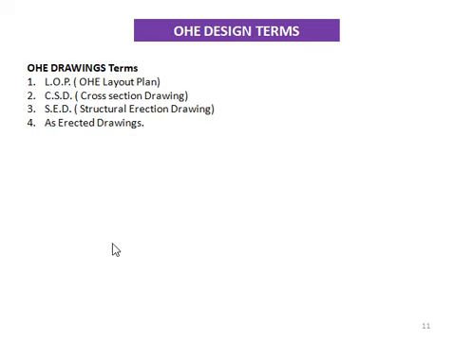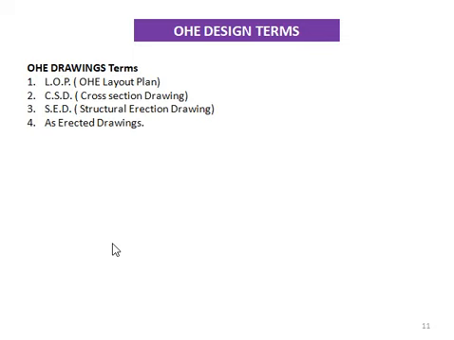Now there are some terms which are used with respect to design. In railway, these are very common terms, but maybe you are not aware of the meaning of that. Like LOP is used for the drawing, which is the basic drawing of OHE, and it is OHE layout plan, which is the first document which will be required to get approved from railway before execution of any work.